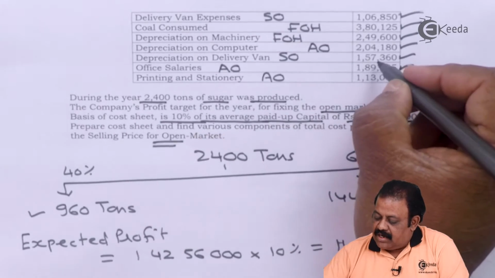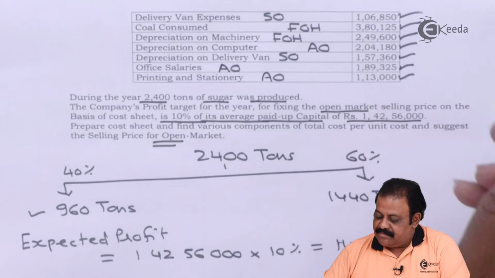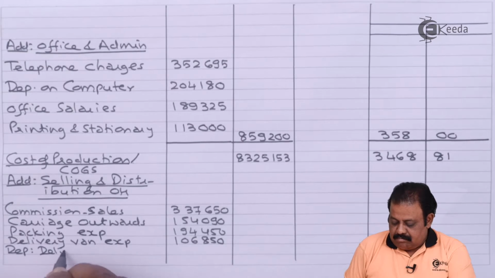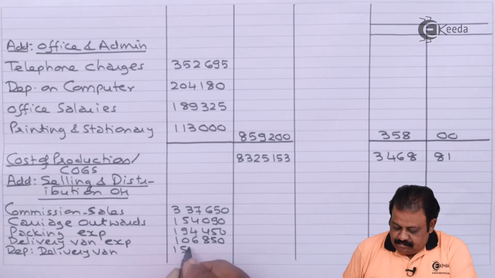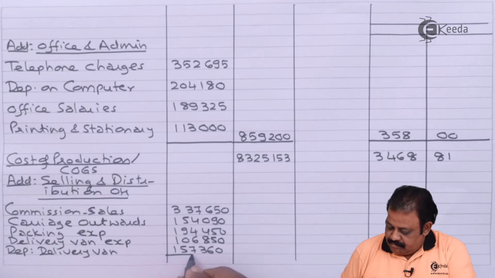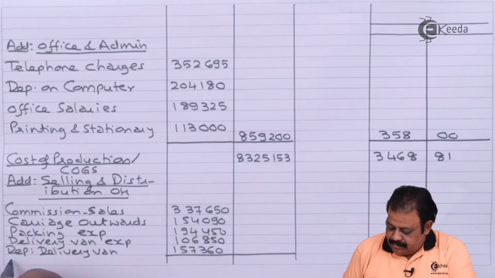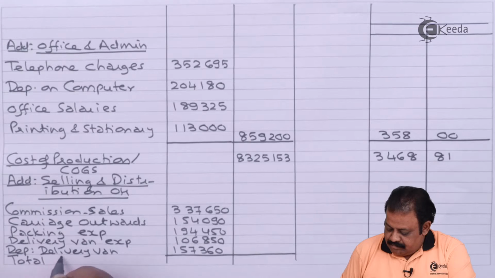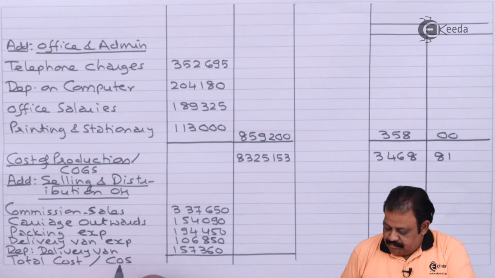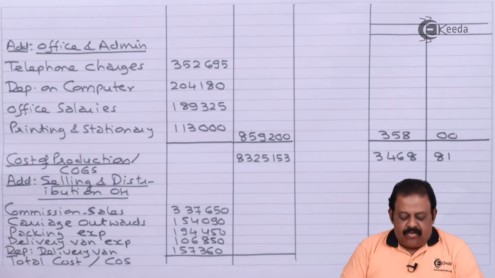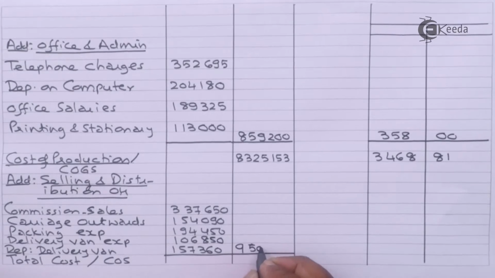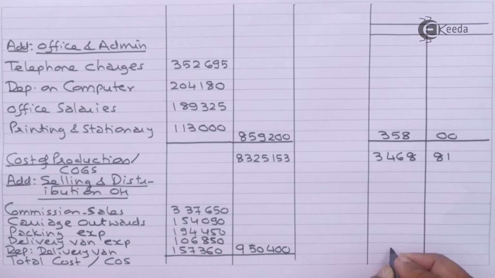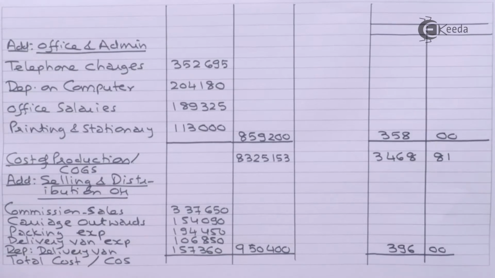Depreciation on delivery van 1,57,360. We can add all selling overheads. Total selling overheads 9,50,400.